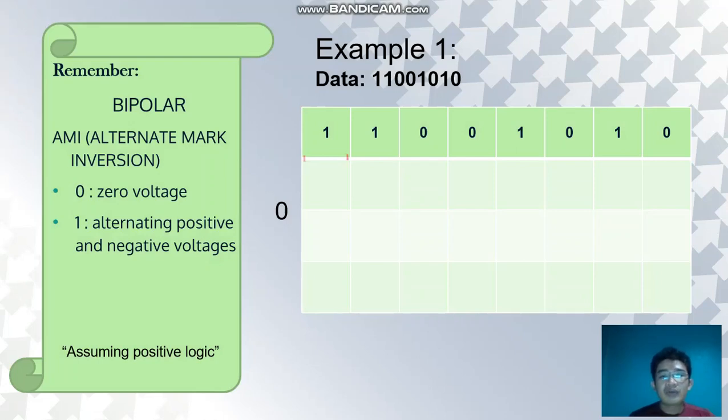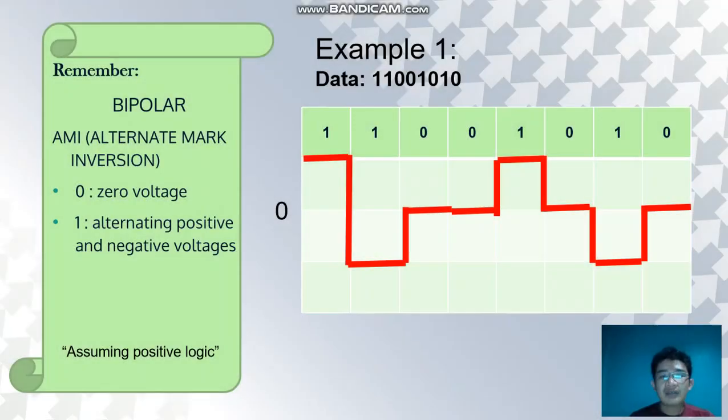The first 1 is a positive 1, the other one is a negative 1, 0 is the base, 0, positive 1, 0, negative 1, and 0. This is how it looks like. You can see there is a graph.